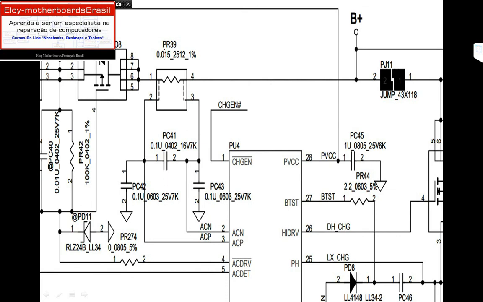These pins are sensors that sense the current on the DC jack. So these pins are used to detect the current that comes from the DC jack supply. When PU4 catches the signals on pins 2 and 3, it will release a signal named ADPI.